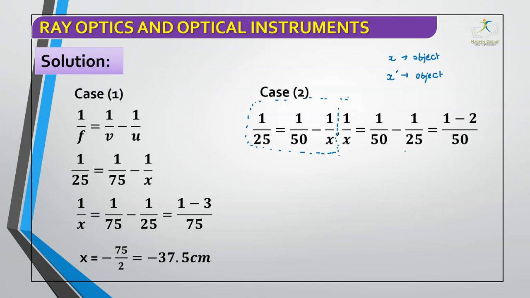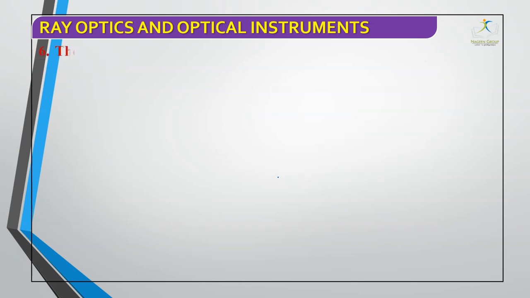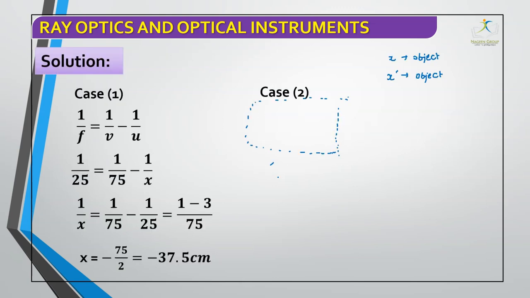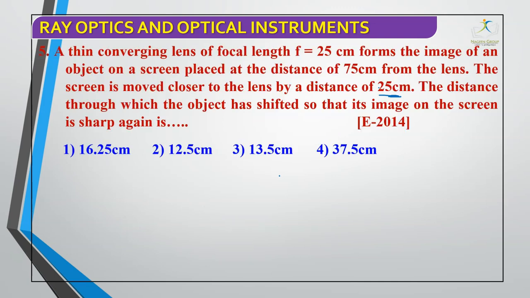After putting all these values, the value of x prime is minus 15 centimeter. So the difference of x with x prime is 12.5 centimeter. According to this, the correct answer of this question is the second one.